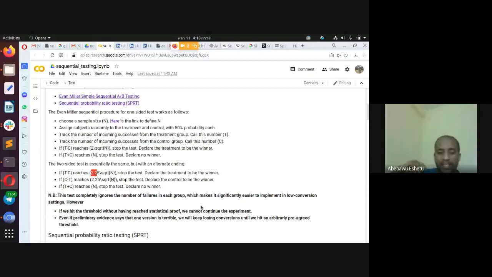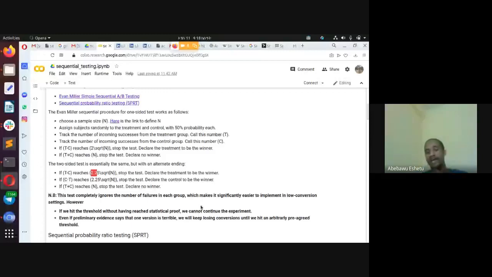Plus, it's not known when to stop the experiment, and if we hit the threshold without a statistically provable result, that means we can't reject or accept the null hypothesis, and our final observation reaches the n size which we defined, we have no way to continue the experiment. So this is still not fixed in this algorithm.